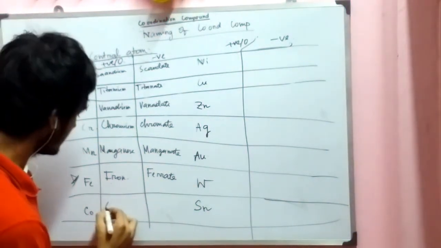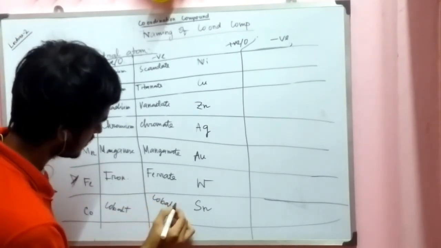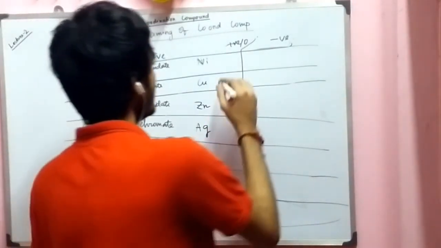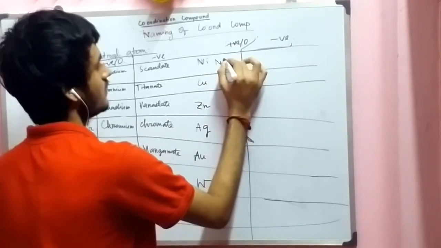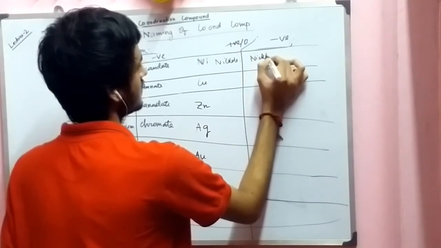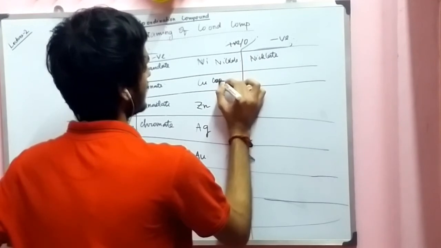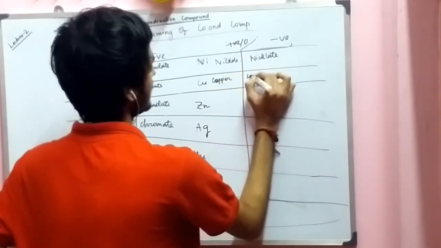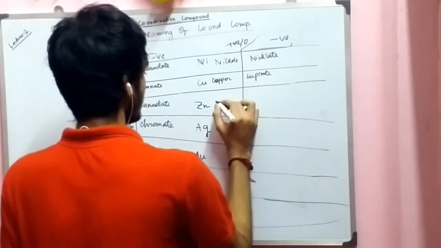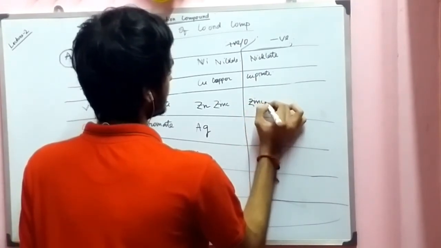It is cobalt, similarly cobaltate, it is nickel, nickelate, copper, cuprate, zinc, zincate.